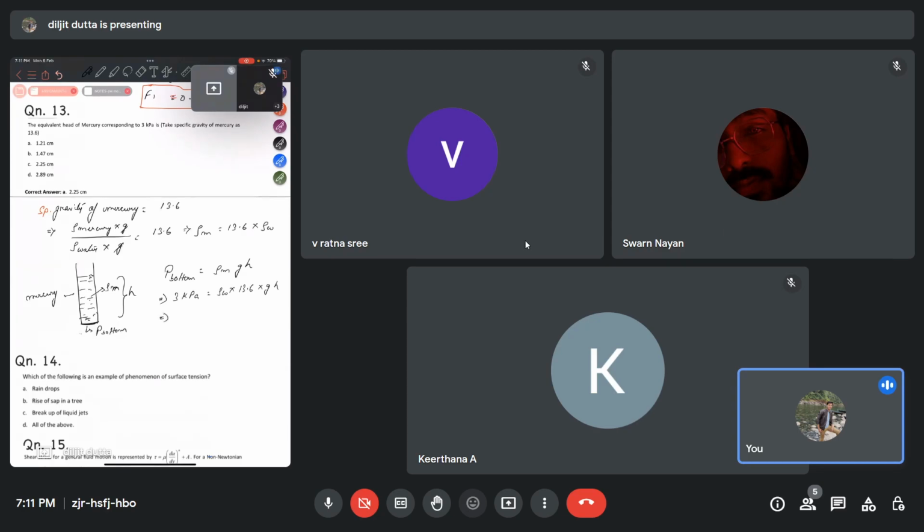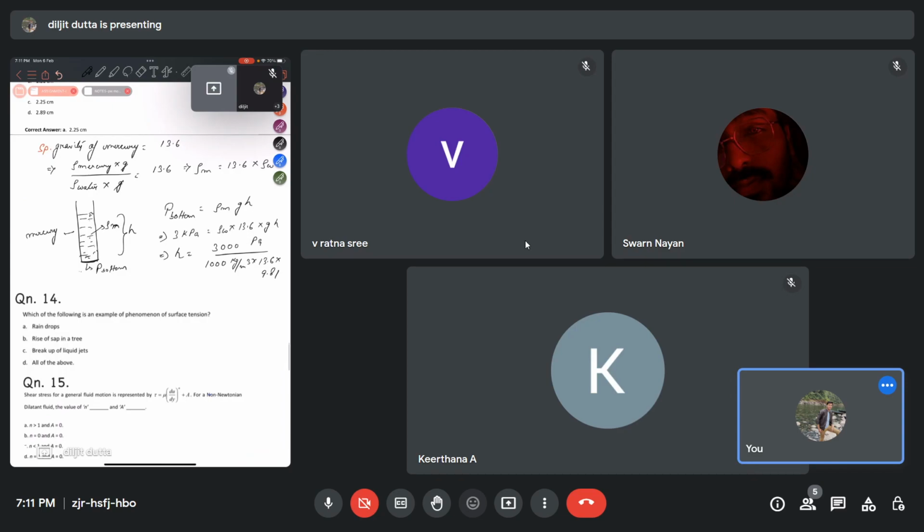So we have to find H equal to 3000 pascal divided by rho water, which is 1000, into 13.6 into 9.81.